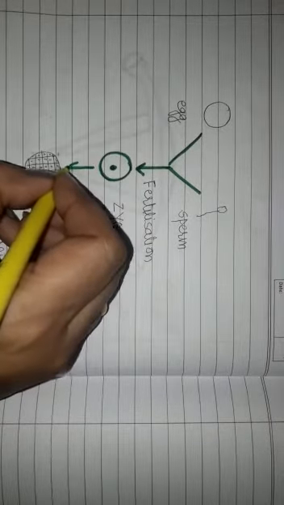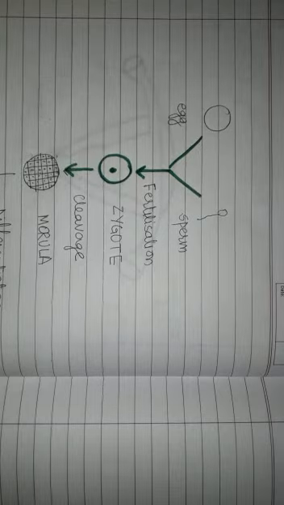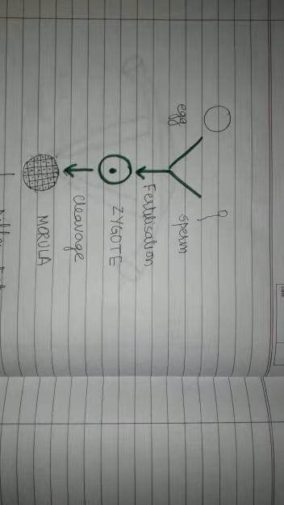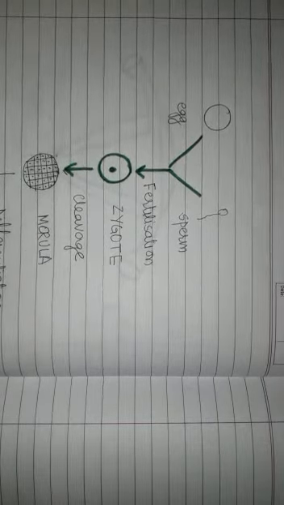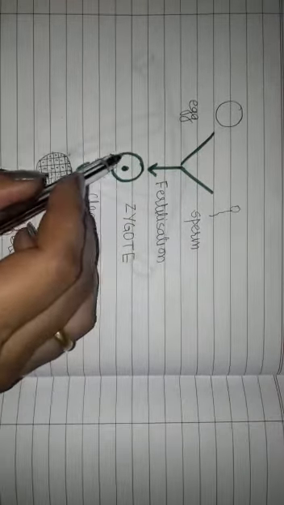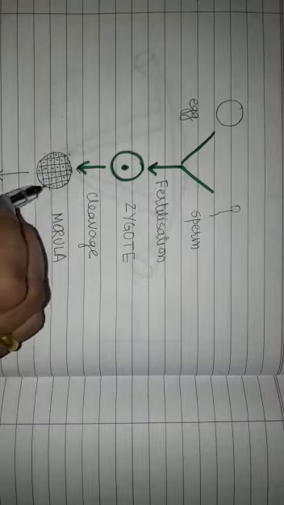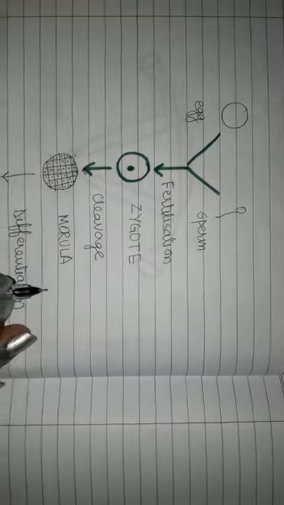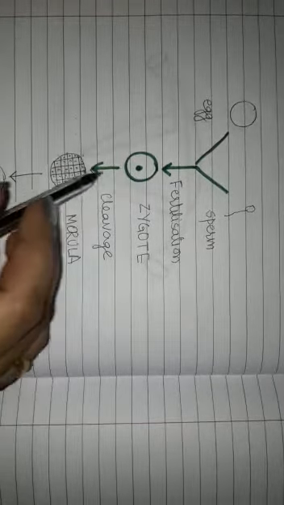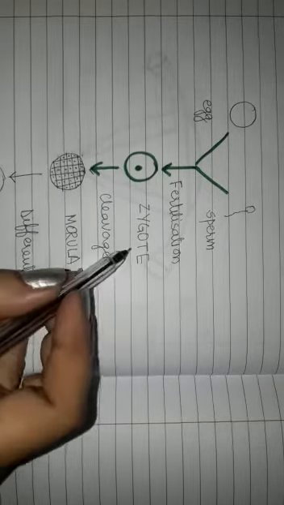Now this zygote undergoes a special type of cell division called cleavage. Cleavage is a division in which the number of cells increases but the size of cells decreases. This was the single cell. Now this same cell will divide into 2, 4, 8, 16, 32, 64 cell stage, but the size of the zygote and this morula remains the same.